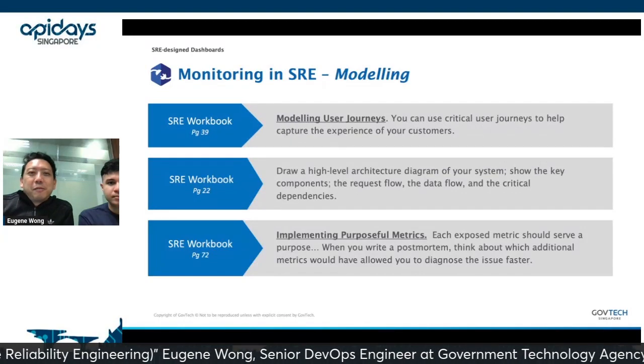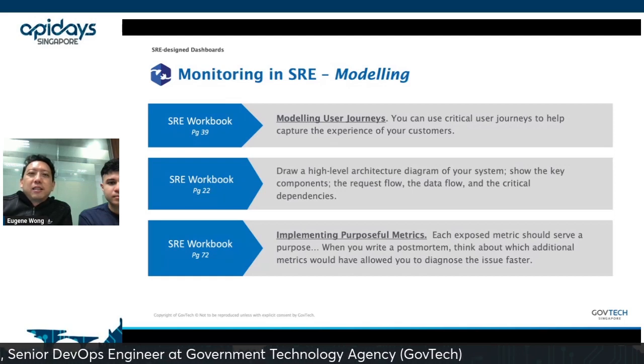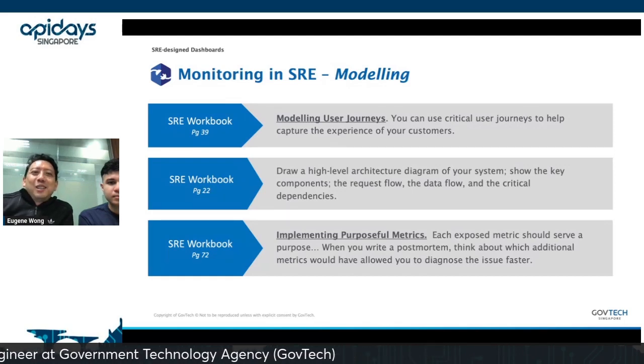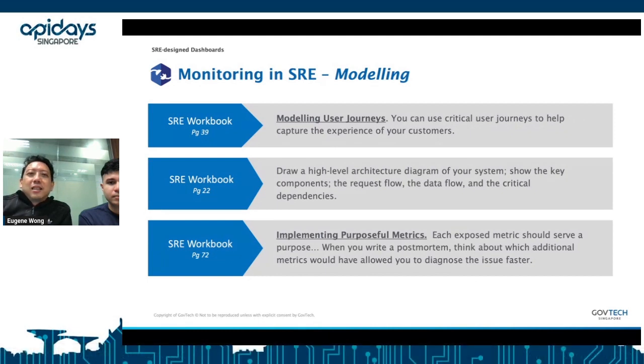And the next principle which we are heavily influenced by, probably the most important, is that of modeling. So critical user journeys are modeled to help us capture the experience, and from the workbook we would also have to be mindful of the architecture diagram of the system for the critical components, as well as the request flow, the data flow, and the dependencies of these components.